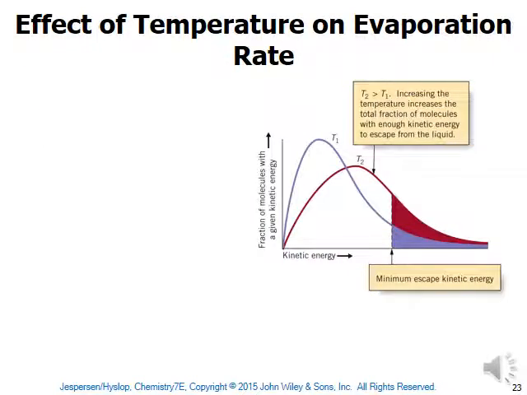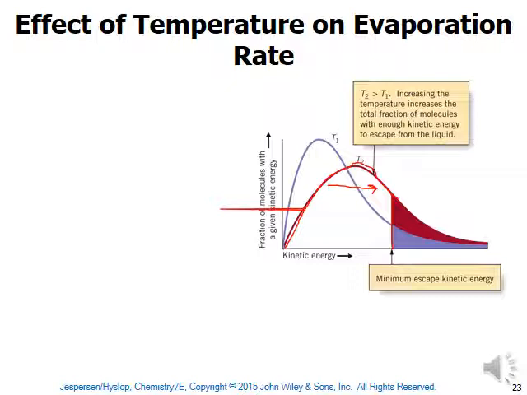Okay, effect of temperature on evaporation rate. So now let's say you change the temperature. If you change the temperature, you'll change the distribution. So this is the new distribution. I've heated it, increased the temperature. And now you notice that the curve has moved further to the right.